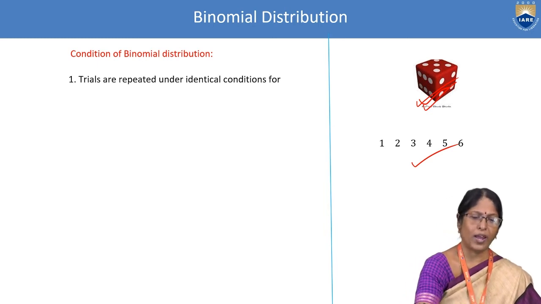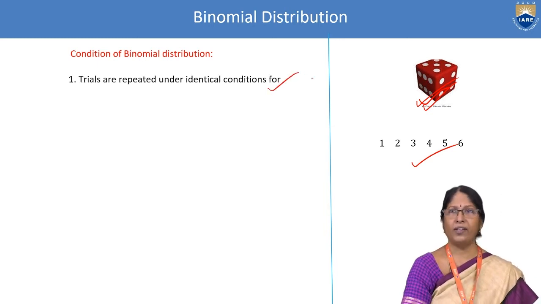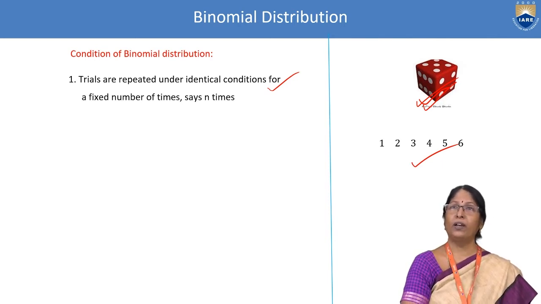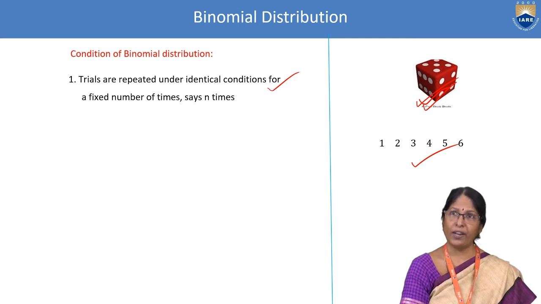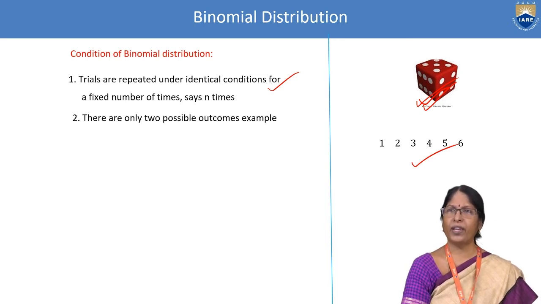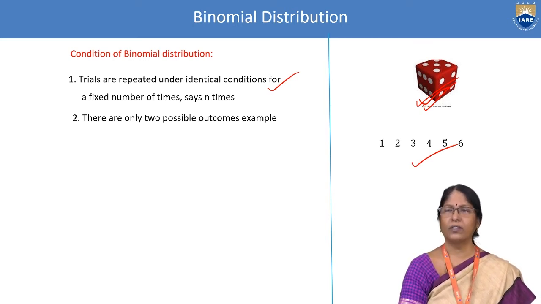Now, the trials are repeated under identical conditions for a fixed number of times. The n in the binomial distribution is finite. That we have to remember. Next, there are only 2 possibilities. If I throw a die, I expect 3, but I got 6.